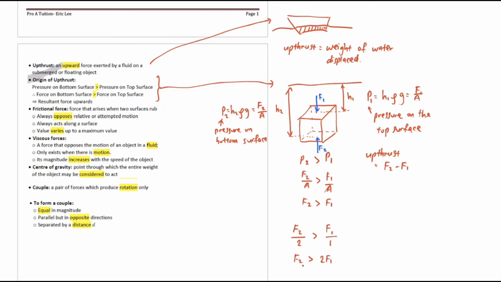Okay, so when you look at this inequality, we are still able to say that F2 is greater than F1, because this is 2 times greater than F1. So we are still able to know that F2 is greater than F1. Then you can find out the upthrust. So still able to work out somehow. Okay.